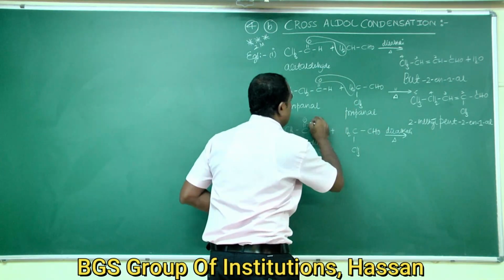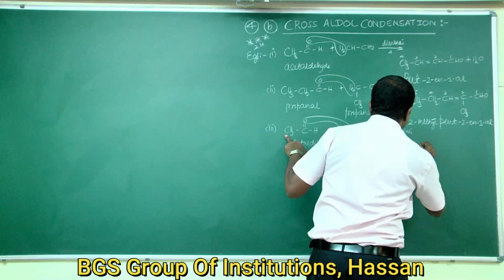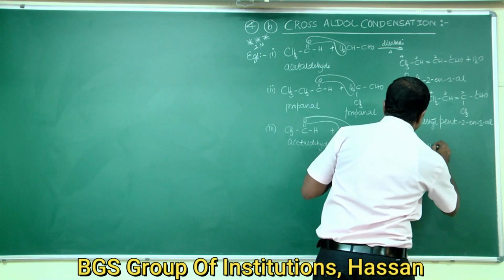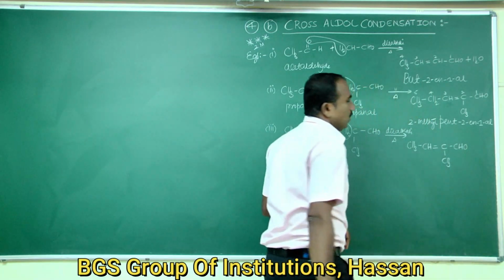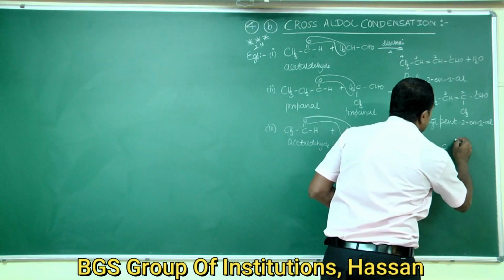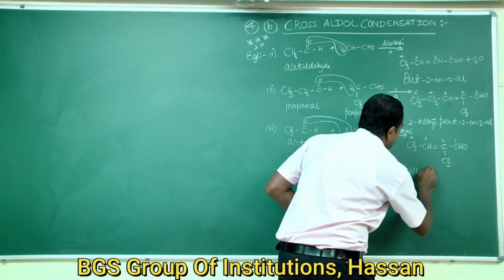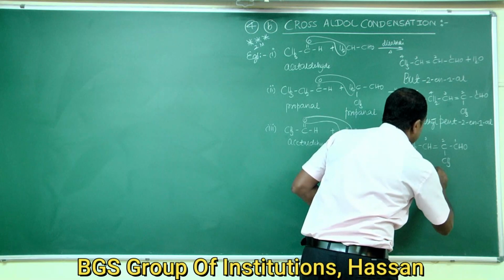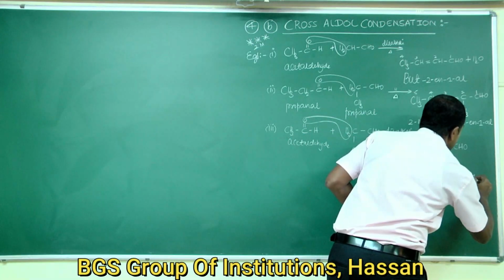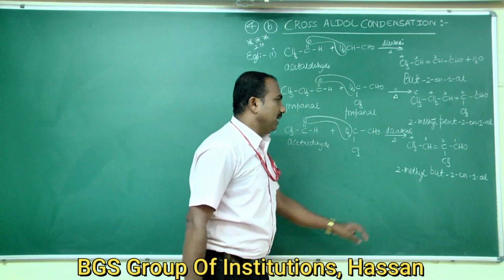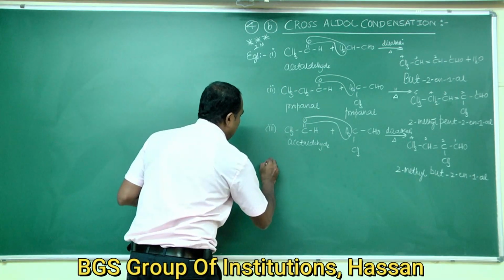It is heated, so elimination of water takes place, and the product formed is CH3 CH double bond C CH3 CHO. This is the cross aldol. The name is 2-methyl, 4 carbon atoms, root word is but, second position double bond, ene, first position aldehyde, al. So 2-methylbut-2-enal.